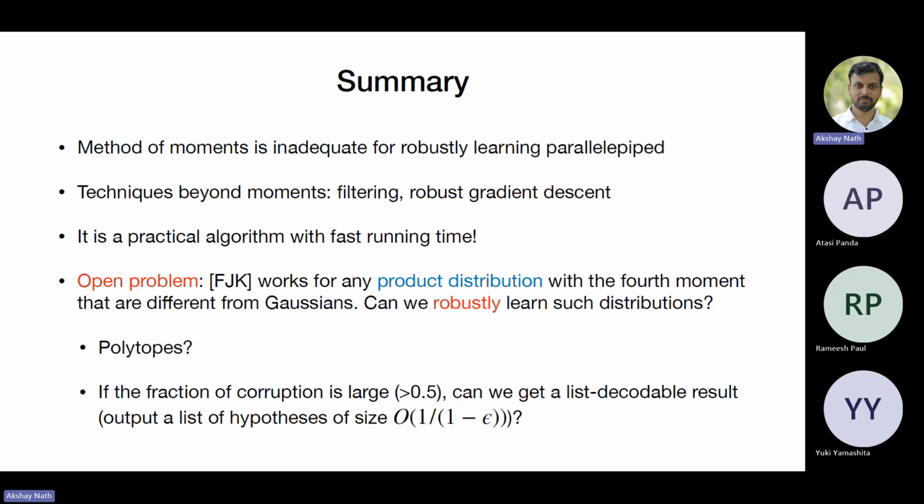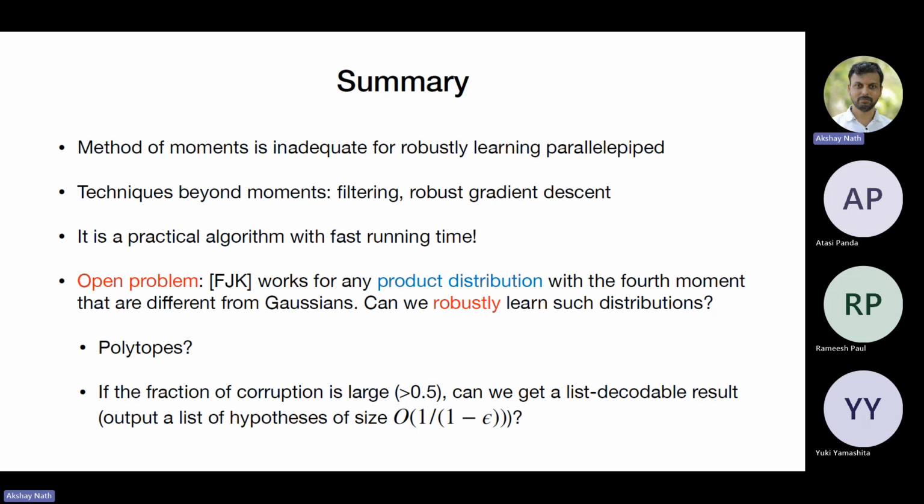Of course, we can't get a single good estimation, but can we get a list of size one over the fraction of good points, with the guarantee that at least one inside this list is a good estimation of the true distribution?